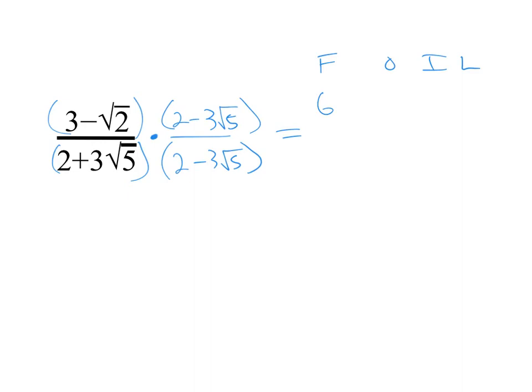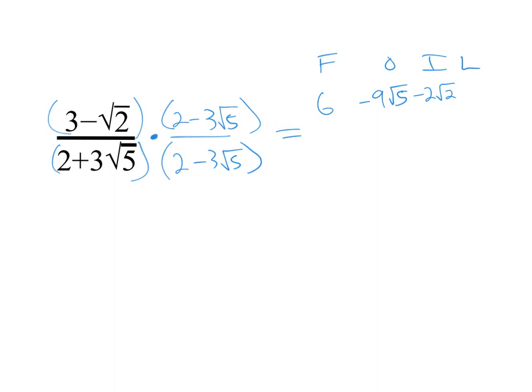So remember, whole numbers get multiplied together, so 3 times negative 3 is negative 9, and we have the square root of 5 under our radical symbol. Multiplying our inside terms together, we have negative square root of 2 times 2. So that's going to give us negative 2 square root of 2. And then the last terms, we have negative square root of 2 times negative 3 times square root of 5.